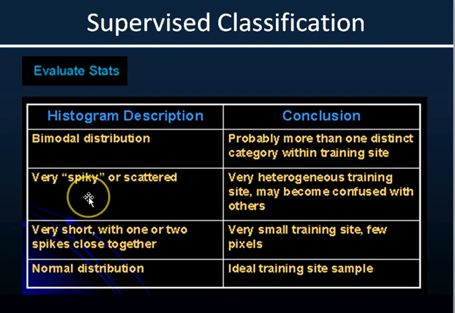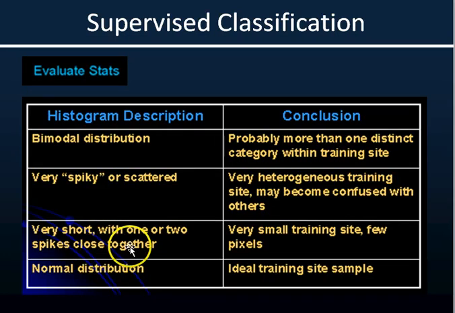If you see a histogram that's very spiky, in other words, it has a whole bunch of little peaks, not one real obvious peak, it means that you really have a lot of variability in your data in that surface feature. And you may know as a scientist that that's normal and there's nothing that you can do about that, or you may realize that you might need to go back and clean up your training sites because you just have way too much variability in there. Maybe you have a lot of mixed pixels included in your training.